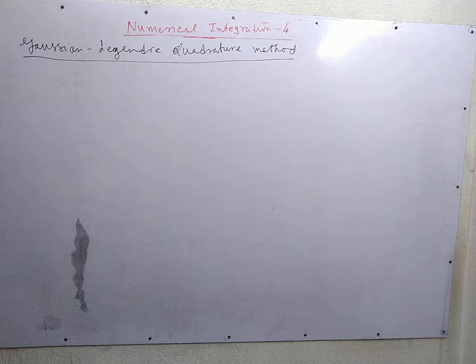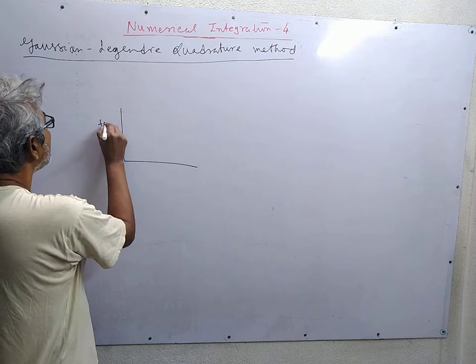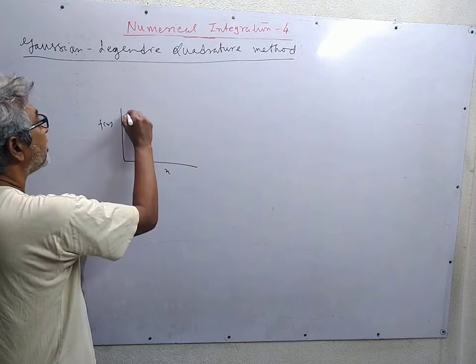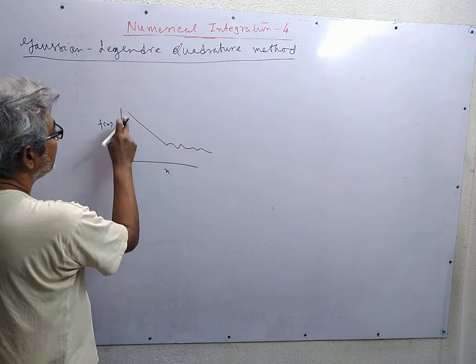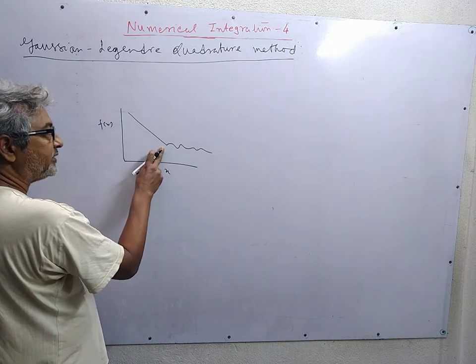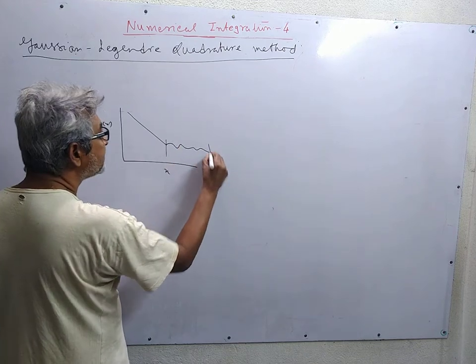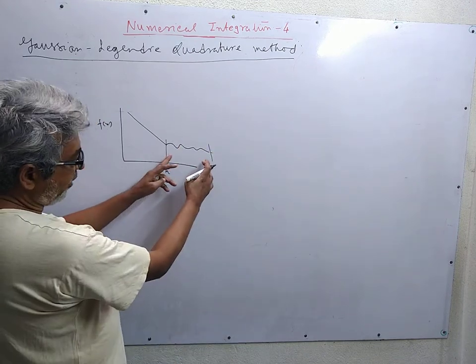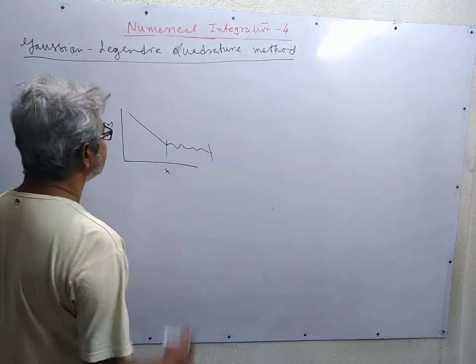As for example, consider a function which is of this sort. Then, so far as this part is concerned, not many points are required to get a convergent result, but a high number of points is required for convergence of the result in this region.